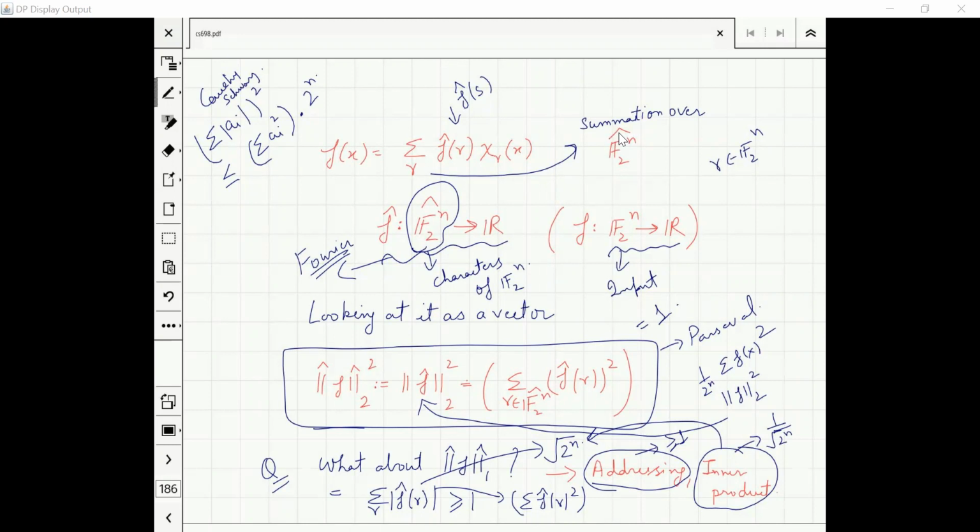This is the intuition which you should have when you talk about 2 norm and 1 norm. Given a fixed 2 norm, the 1 norm will be low if, when will the 1 norm be low? When it is concentrated on just one.